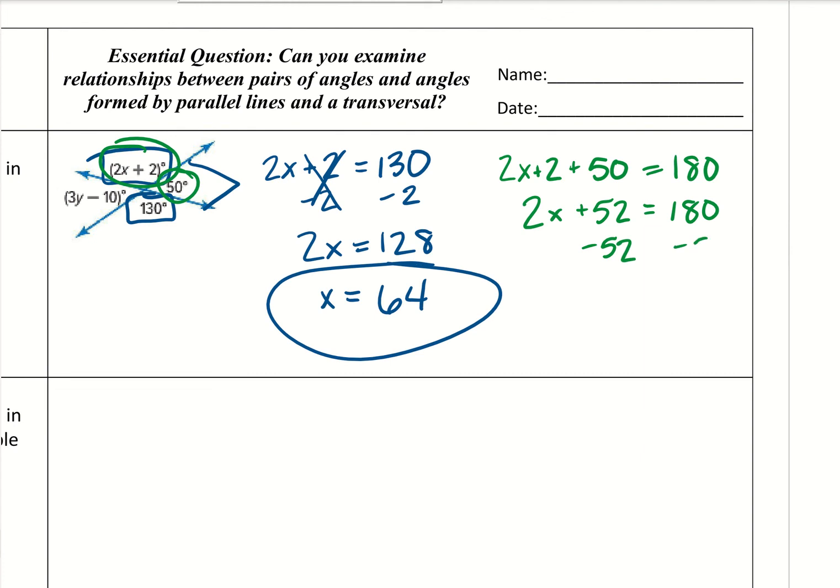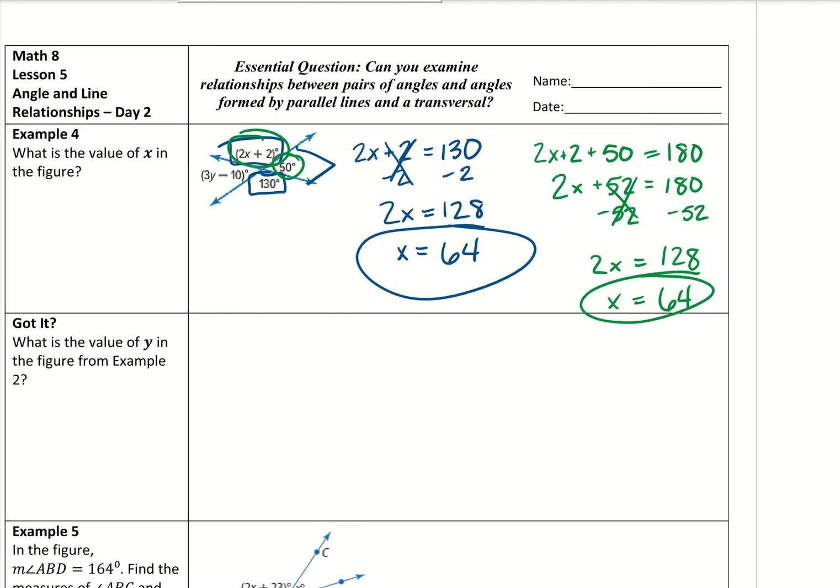Subtract the 52 from both sides. We get 2x equals 128. And then when we divide both sides by 2, we get x equals 64 again. So you can see either way you go, it's going to give you the same outcome. Whichever one you prefer is up to you. I prefer working with vertical angles because we just have to set them equal to each other.